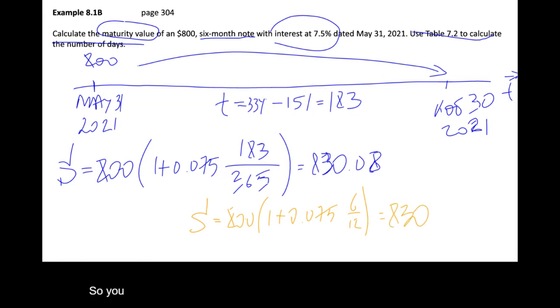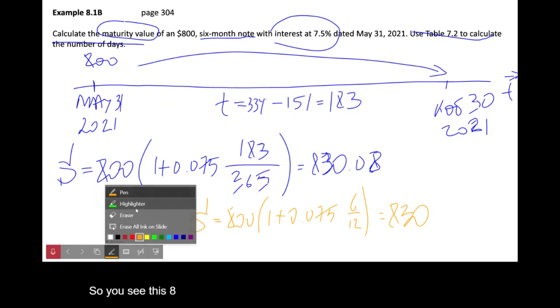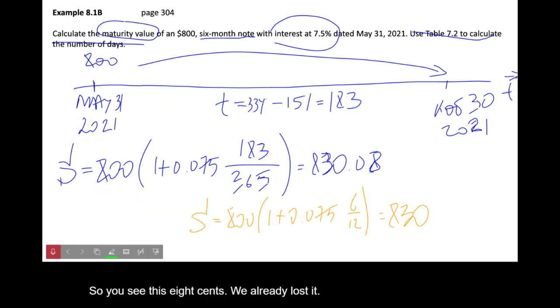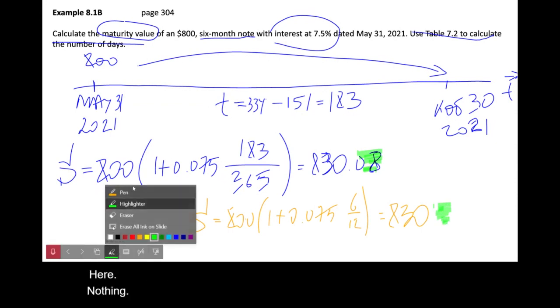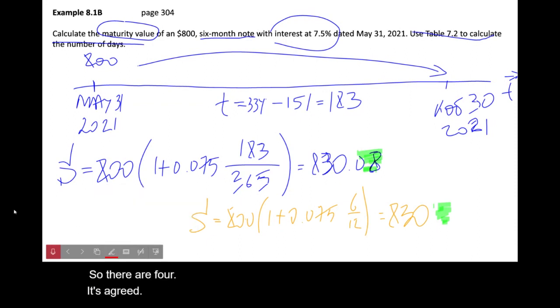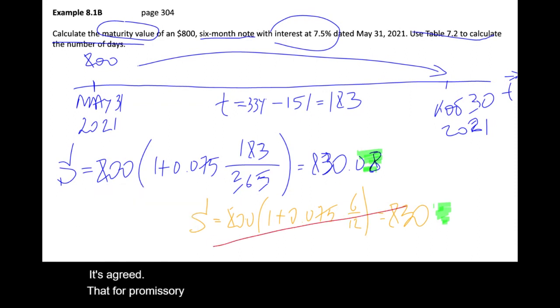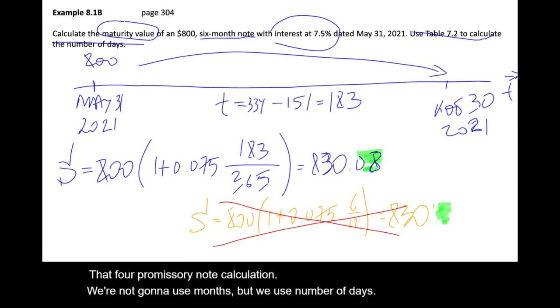So you see this 8 cents, we already lost it here. Therefore, it's agreed that for promissory note calculation, we're not going to use months, but we use the number of days. Okay, guys, is that clear?